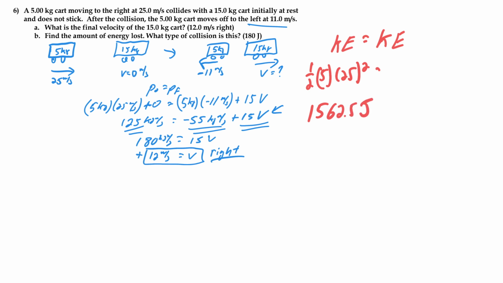Now after the collision, the first cart is going to be 5 times 11 squared. Okay, so 5 times 11 squared means it has 605 joules. Plus the second cart, which is 15. Oops, I forgot that 1/2, didn't I? So let's 1/2 that. So that's going to be, what, 302.5.